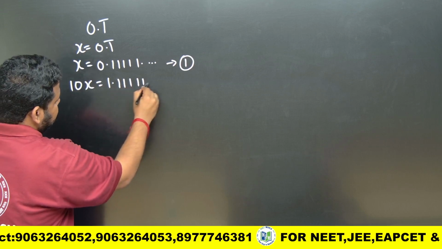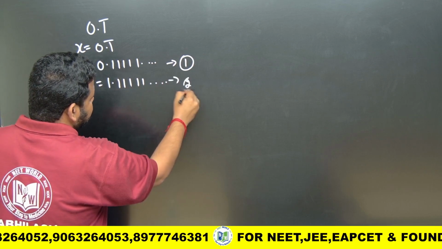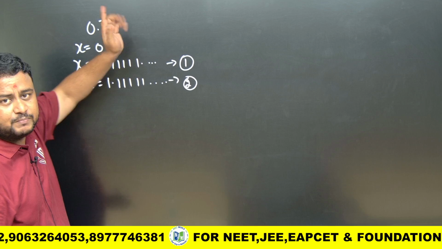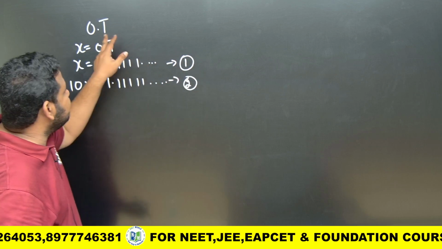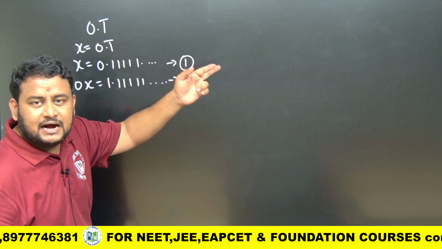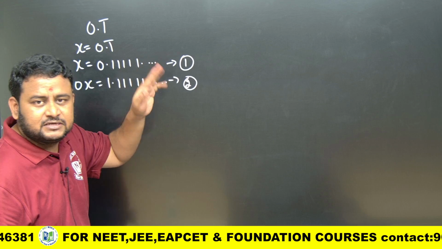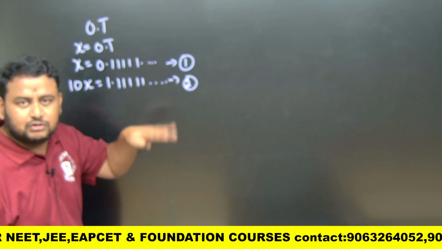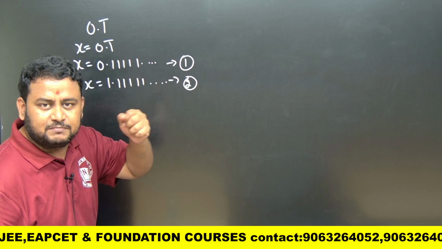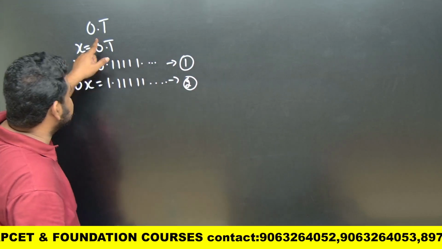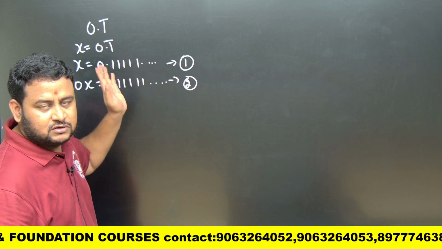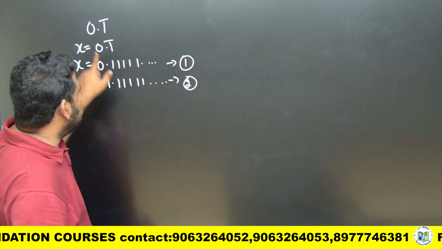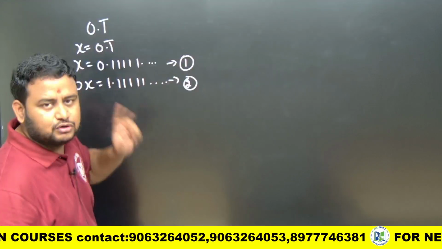This will be equation 2. After decimal, if there is one number, multiply by 10; if there are 2 numbers, multiply by 100; 3 numbers, by 1000; 4 numbers, by 10,000; 5 numbers, by 1 lakh, like that. That is 1 followed by as many zeros as there are numbers after the decimal. Here there is 1, so multiply by 10.